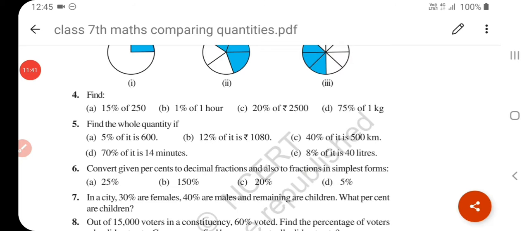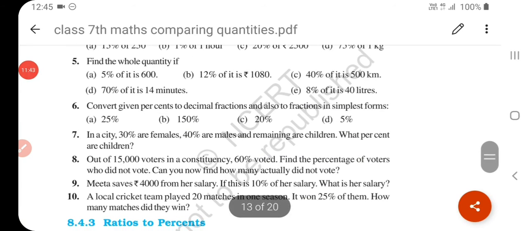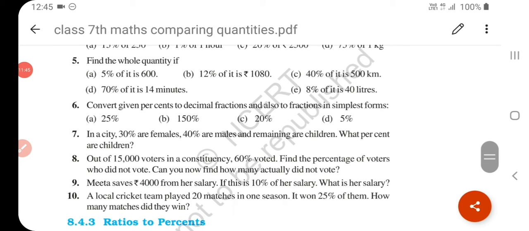And then question number 6. Convert given percentage. The one from question 5, 40% of it is 500 kilometer. So you have to find 40 upon 100 of x is equal to 500 kilometer. Okay, understand?